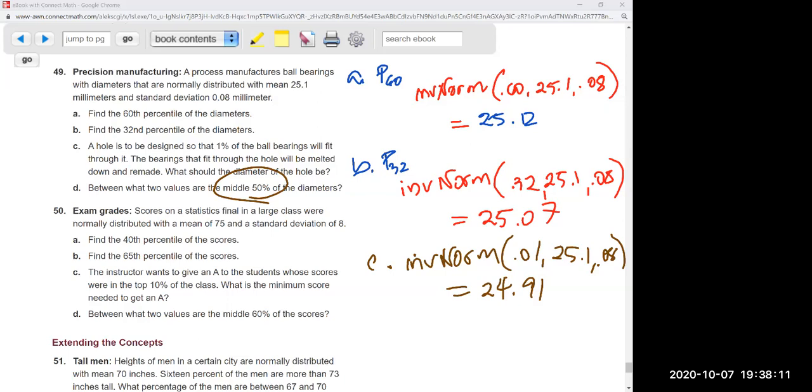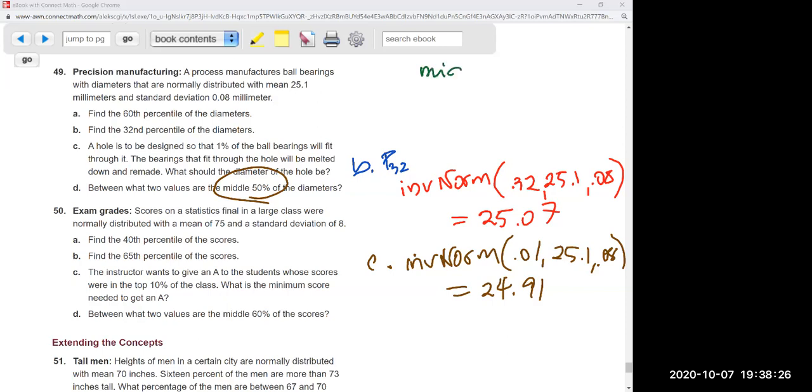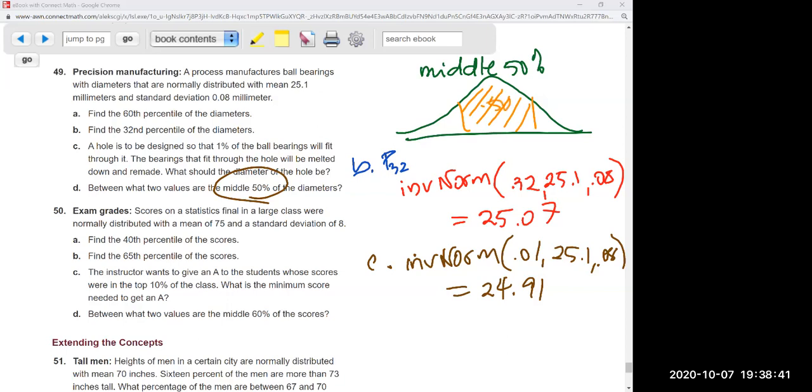Do you remember what to do if it's a middle? If you sketch this, the center is 50%.